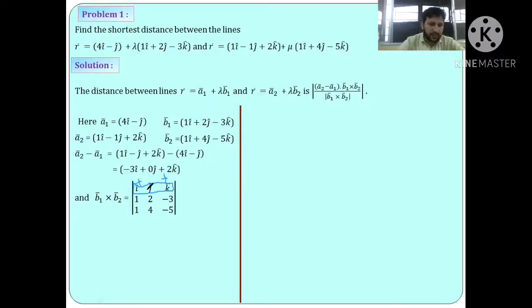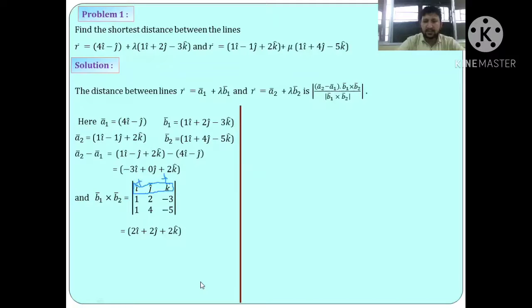Then minus j times (1 into minus 5 minus 1 into minus 3), it becomes minus (minus 5 plus 3), that is minus of minus 2j, plus 2j. And plus k times (4 minus 2), the difference is 2. Hence the determinant value is 2i cap plus 2j cap plus 2k cap.